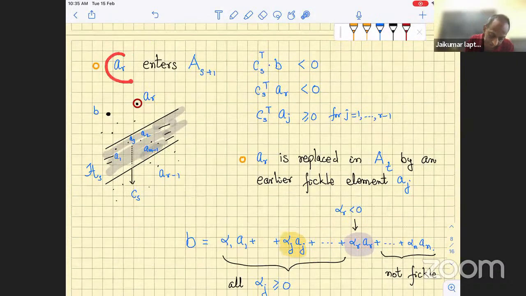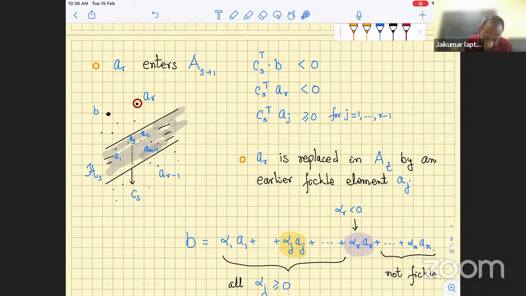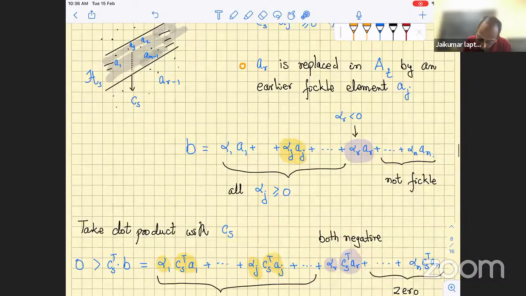When A_R entered the basis, all the other previous A_j's were on the same side of this hyperplane C_S. Their coefficients are either zero, that is, they didn't even participate in the basis, or if they did participate, the previous fellows' coefficients were all non-negative.